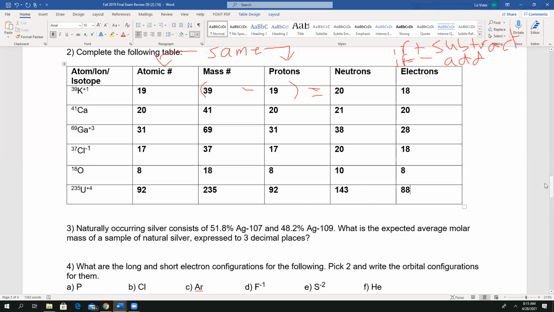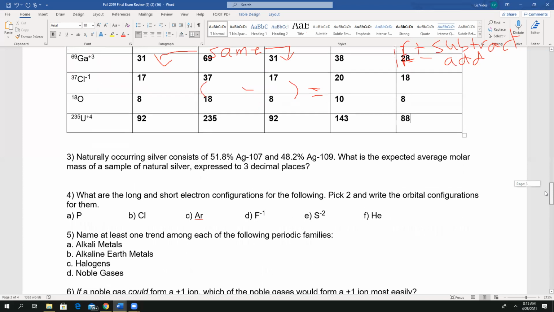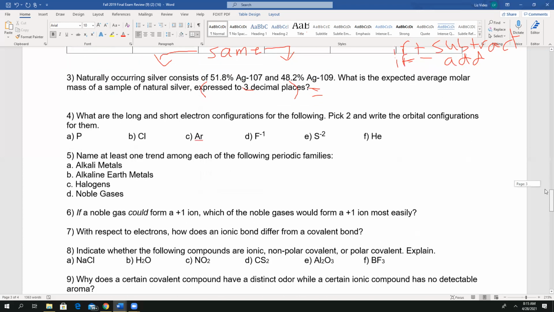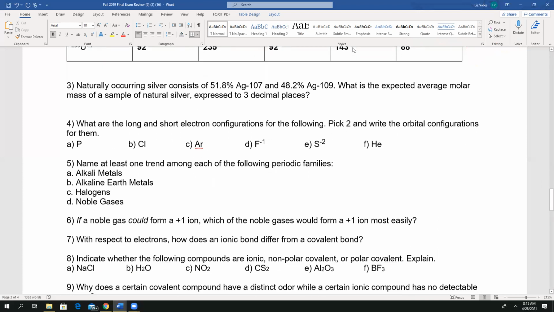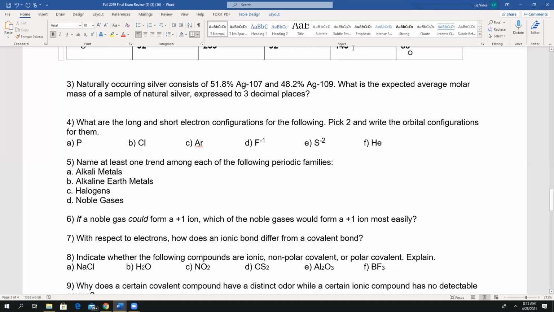So the next one is asking us, okay, so let me clear that. This next one is asking us to calculate the mass of silver.